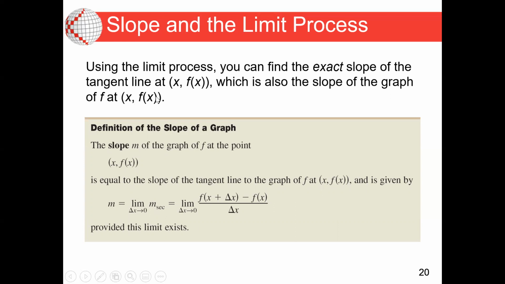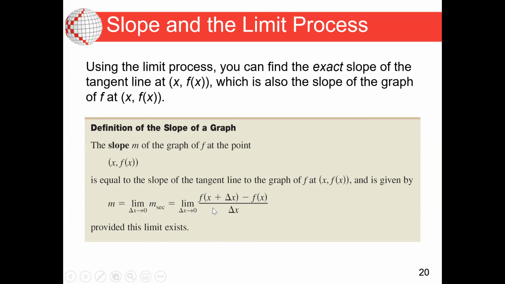So the slope m of the graph of f at the point x, f at x is equal to the slope of the tangent line to the graph of f at x, f at x, which is our point, and is given by m equal to the limit as dx approaches 0 of m secant. Then we have the limit as dx approaches 0 of f at x plus dx minus f at x over dx. Now, this is the formula we can use to find the derivative of any function.